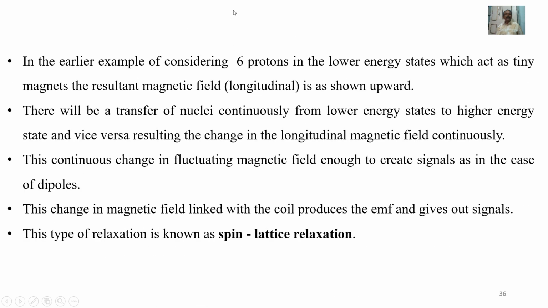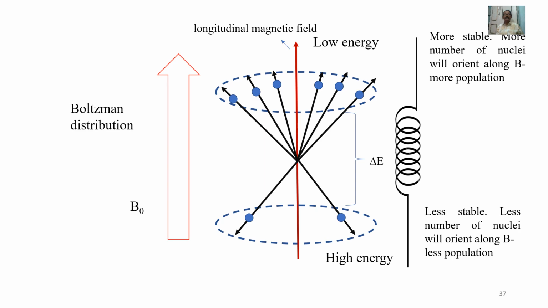In the earlier example, considering 6 protons in the lower energy states, which act as tiny magnets, the resultant magnetic field is longitudinal, as shown upward, that is, along the external field.